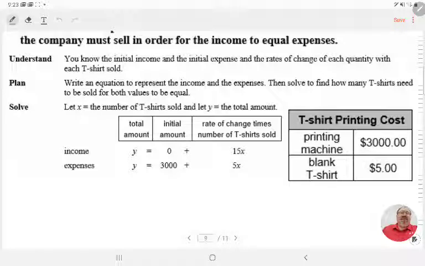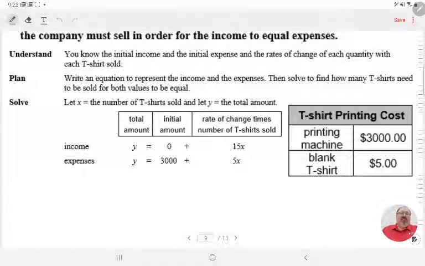So we could let X equal the number of t-shirts sold and let Y equal the total amount. So for income, we know that we're selling them for $15 a t-shirt. So there's no initial cost, so it'd just be Y equals 15X. And then the expenses, we know that the initial cost is $3,000 and it costs $5 per t-shirt.